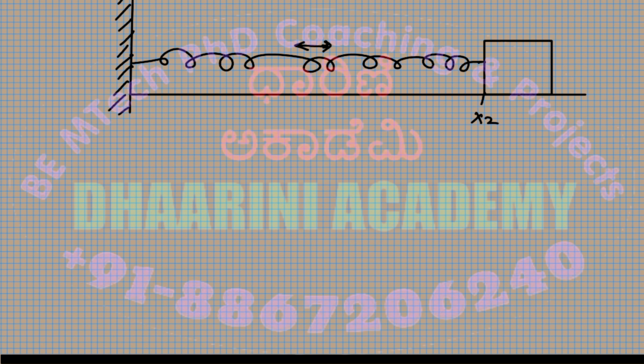That work done by the spring, dW is equal to F into dx, is actually denoted by minus k into x. Okay. x is the displacement and k is called the spring constant.